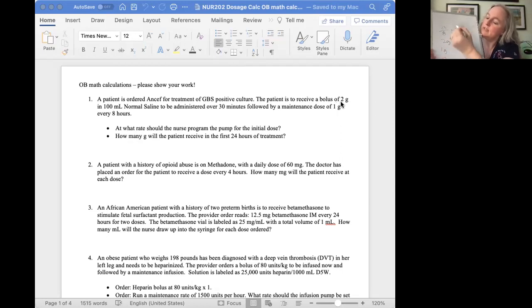So that's 3 doses. 2 grams plus 1 gram plus 1 gram is 4 grams. So the total number of grams the patient will receive in the first 24 hours of treatment will be 4 grams. Any further treatment in subsequent 24-hour periods would be 3 grams, but remember that the first dose was a bolus of 2 grams. So I'm going to put that in the chat.